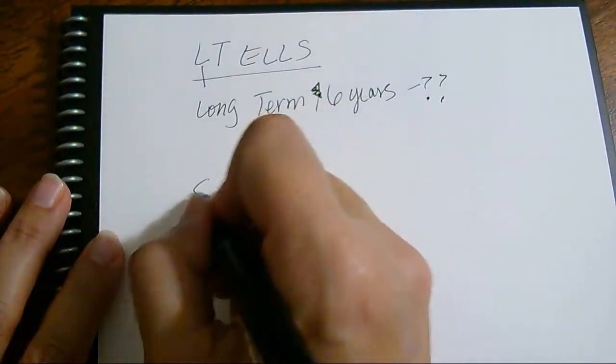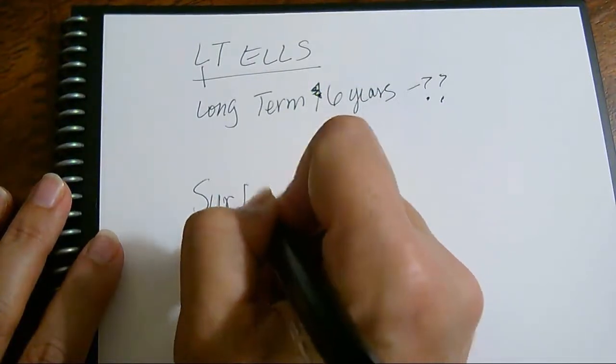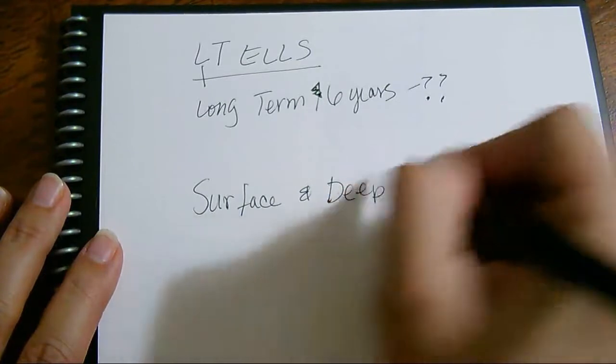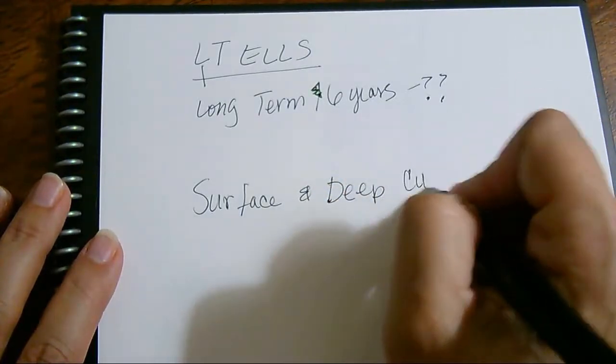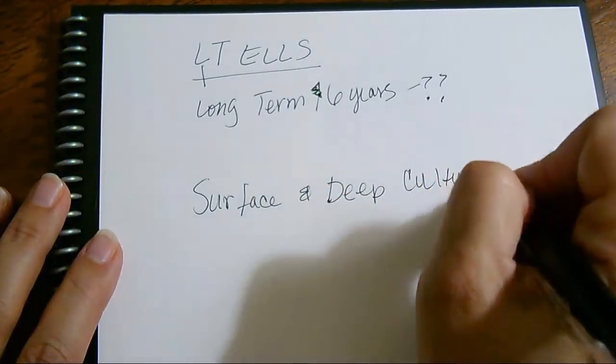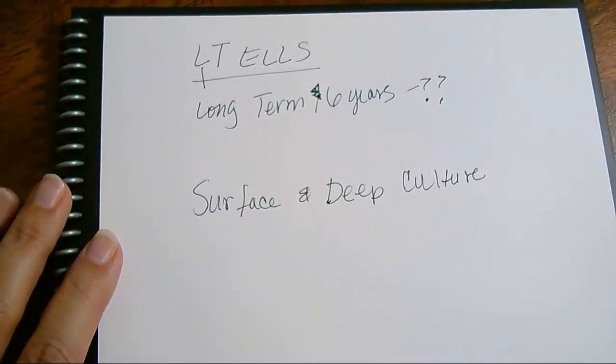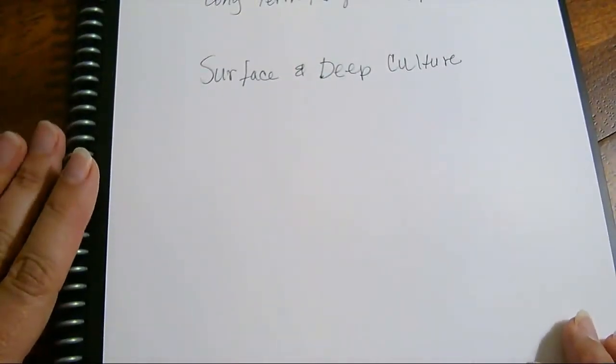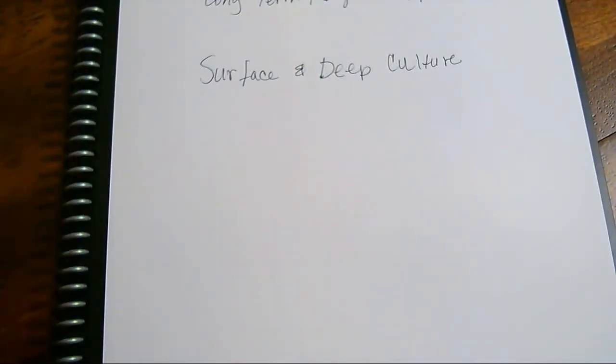Now, something else we need to consider when we're teaching ELLs is this idea of surface and deep culture. Especially in K-12, when we're trying to do culturally responsive teaching, something I did was bring in the Cinderella stories from all different cultures.